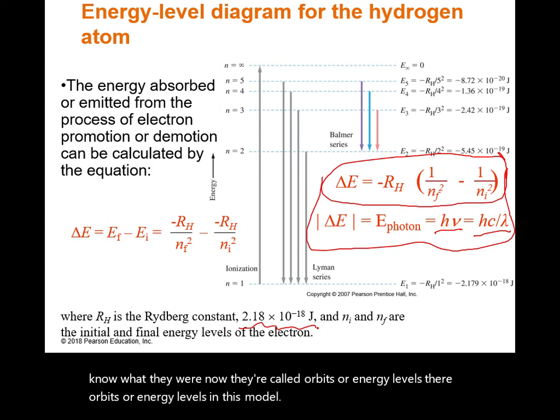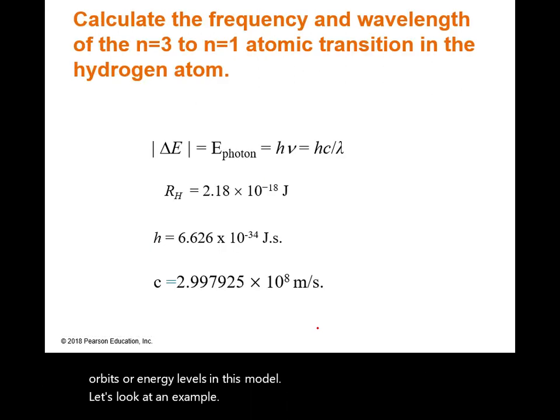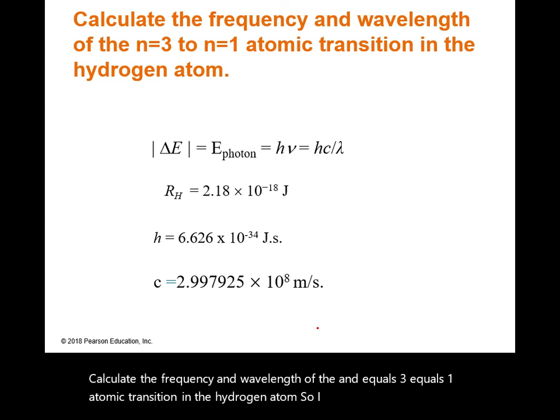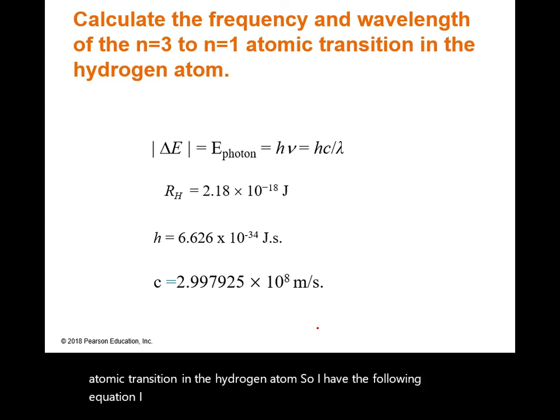Let's look at an example. Calculate the frequency and wavelength of the n equals 3 to n equals 1 atomic transition in the hydrogen atom. So I have the following equation. I am looking for frequency and wavelength. So I know frequency, it's h nu.